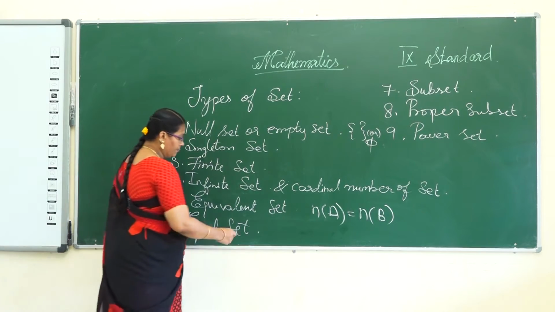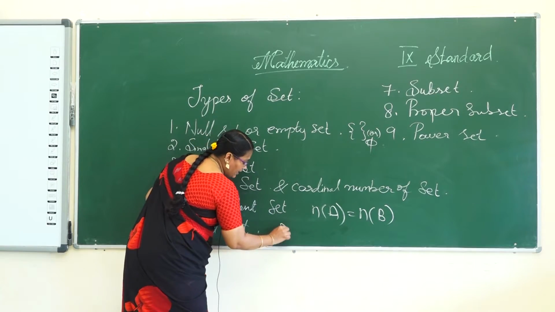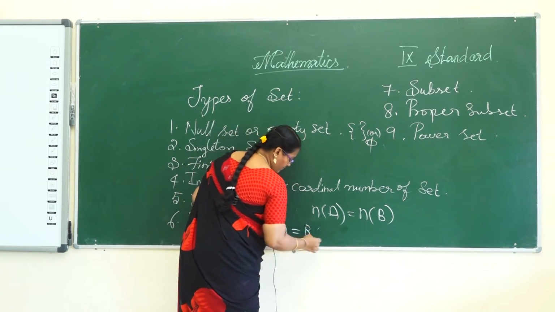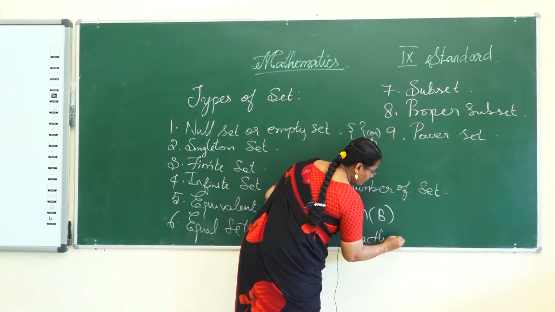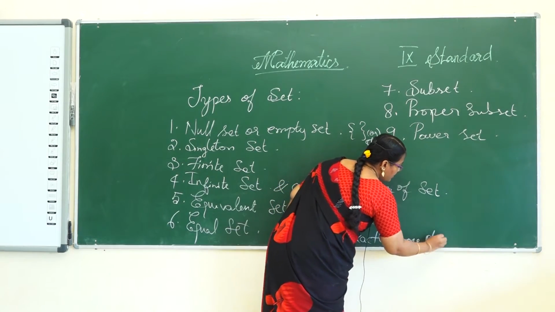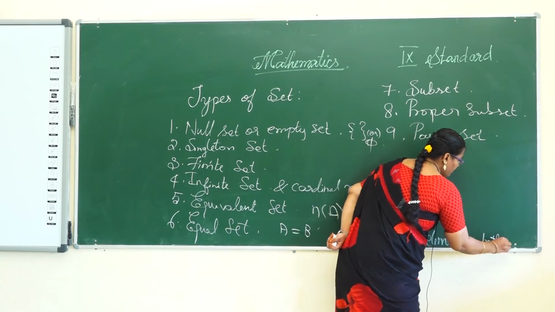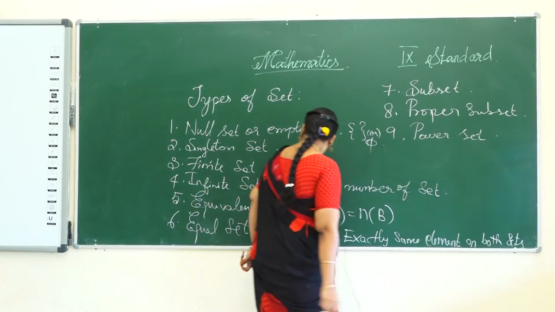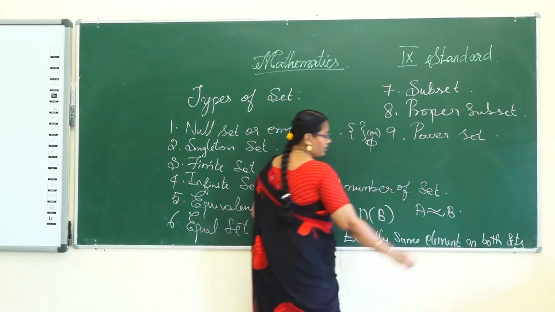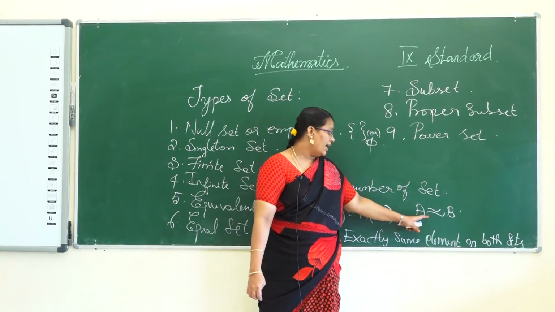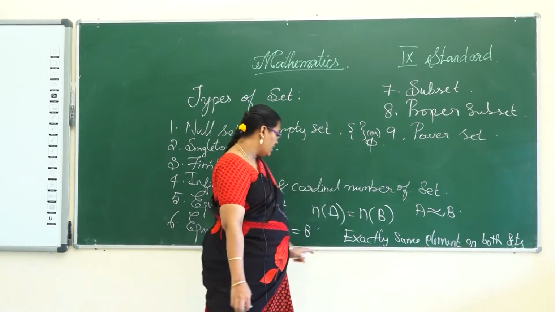It is denoted by this symbol: A is equivalent to B. And equal set means exactly the same elements on both sets is called the equal set.